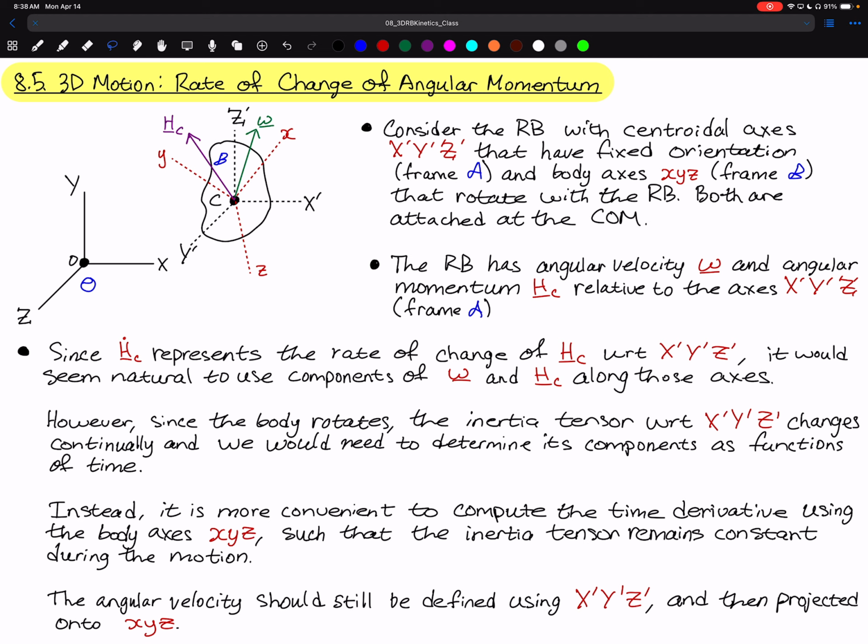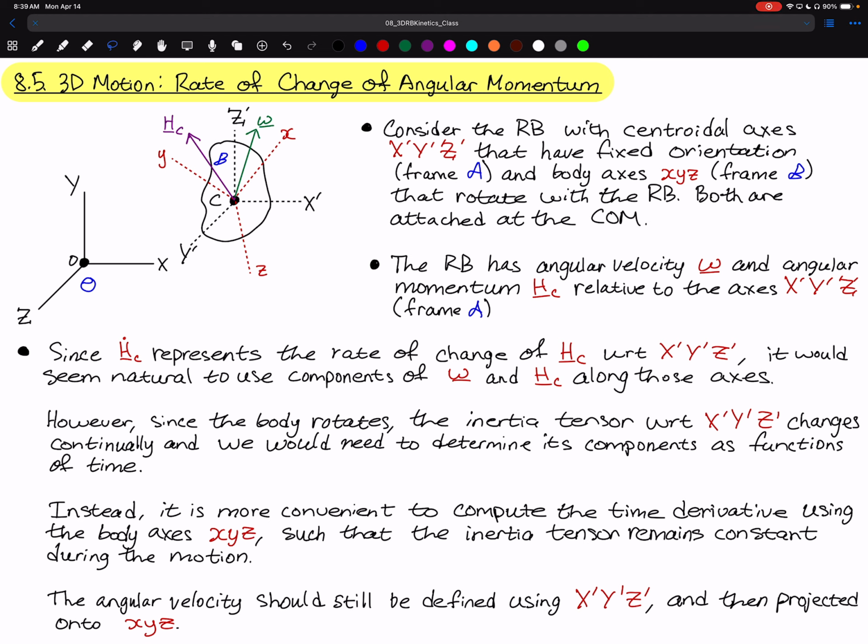Okay, so h dot sub c represents the rate of change of h sub c with respect to that fixed orientation frame, frame A. And it would seem natural to use the components of omega and h sub c along those axes.